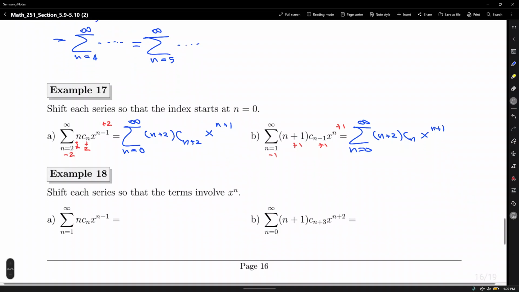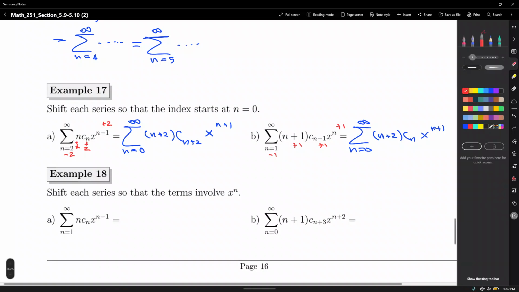For instance, we want the two series in example 18 to have a power x to the n. However, the first series has a power n minus 1. What would you do to the power n minus 1 to make it look like an n, simply? Yes, if we add 1 over here, we have to add 1 to all n's.